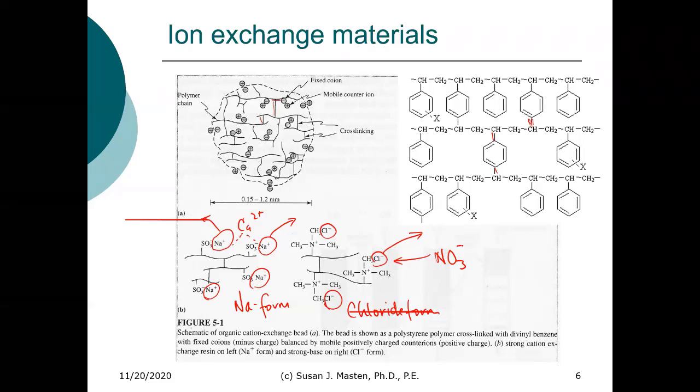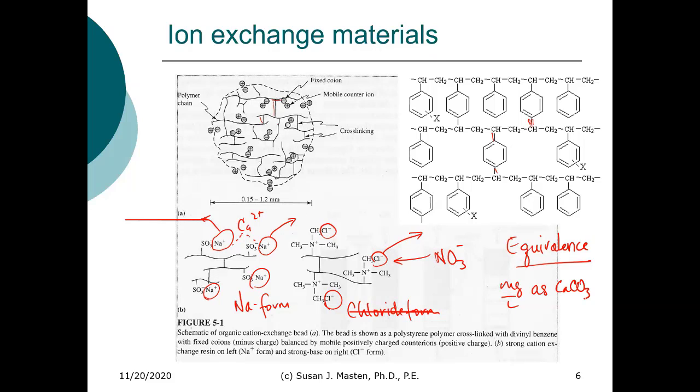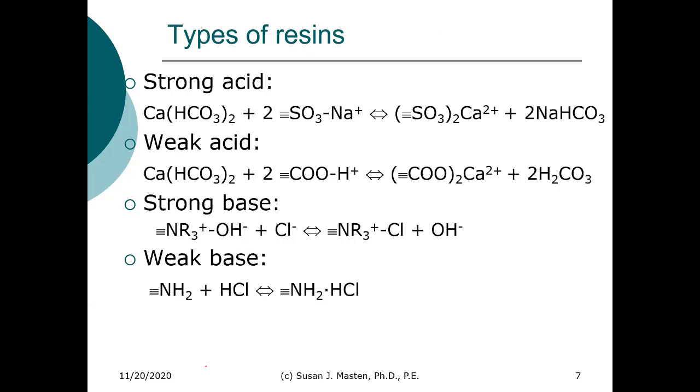So when we talk about ion exchange materials, we will talk about equivalence. We can also use milligrams per liter as calcium carbonate. We need to maintain charge balance. We can have resins that are strong acid, weak acid, strong base, weak base.